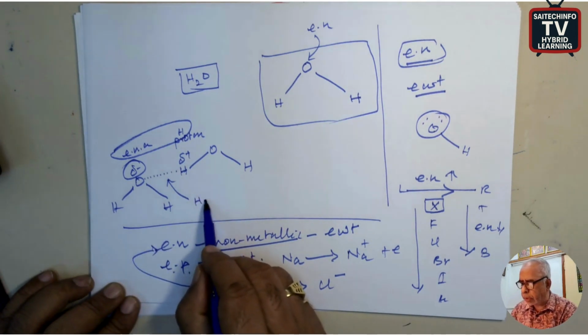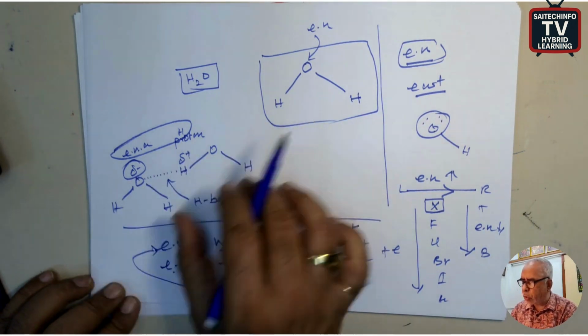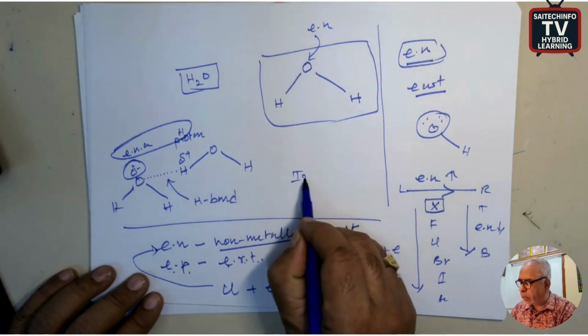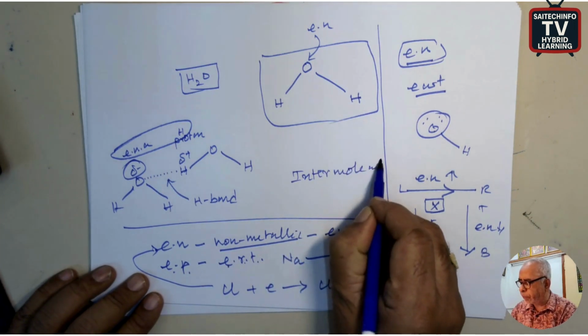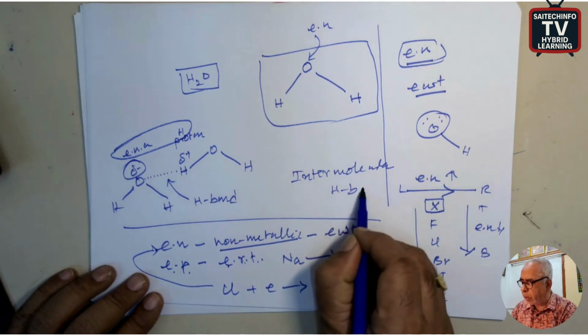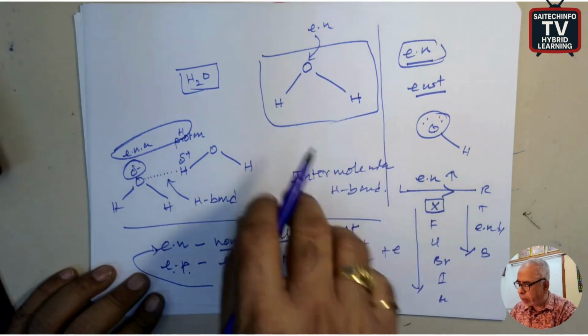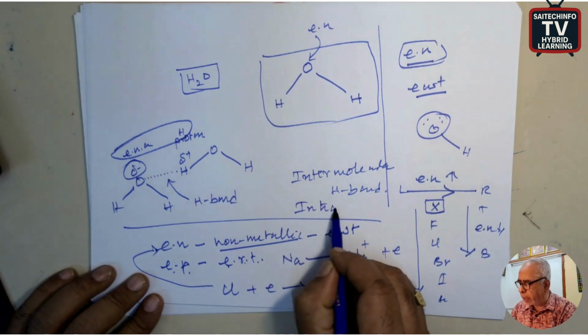So this is called an H bond. When this H bond takes place between two or three molecules, or among the molecules, it is called intermolecular hydrogen bonding. And if it takes place within the same molecule, that is called intramolecular hydrogen bonding.